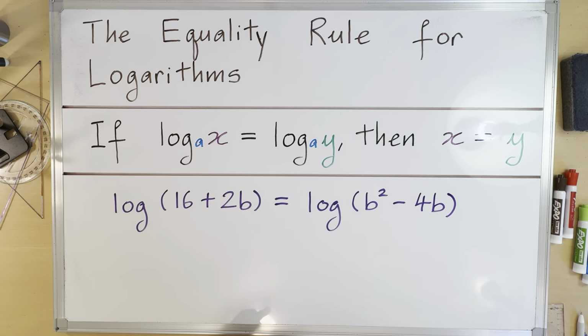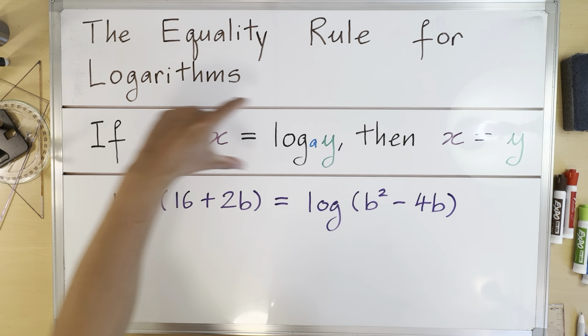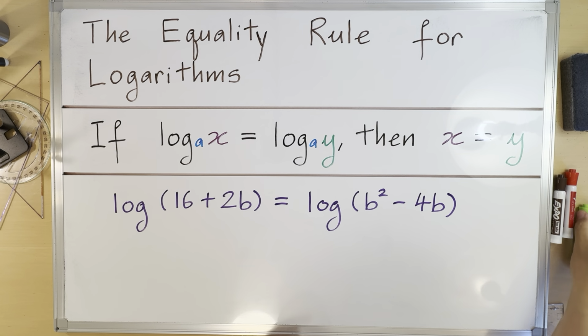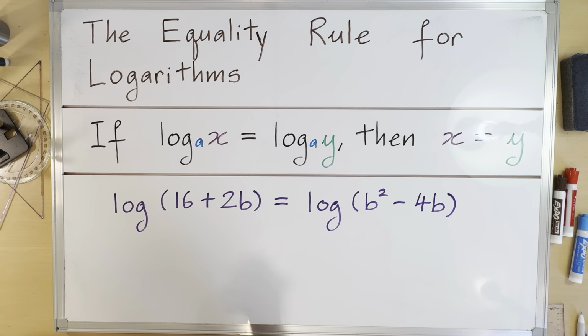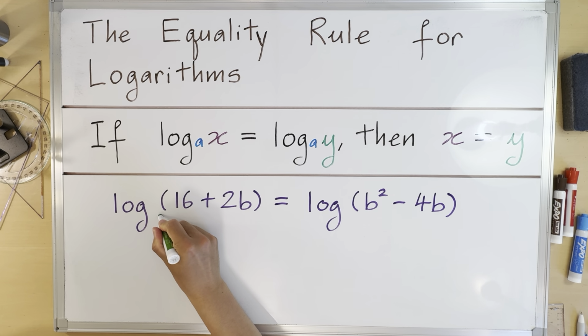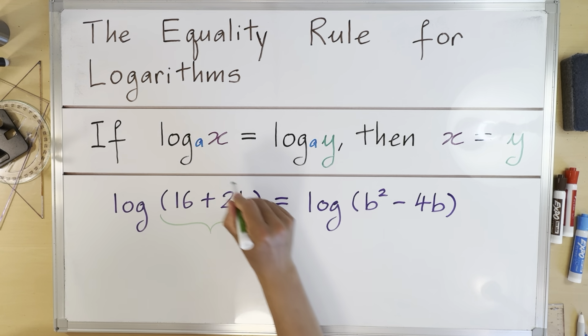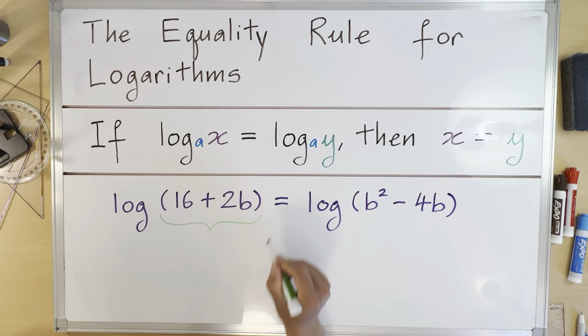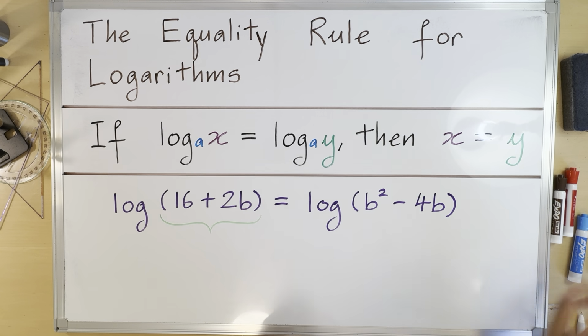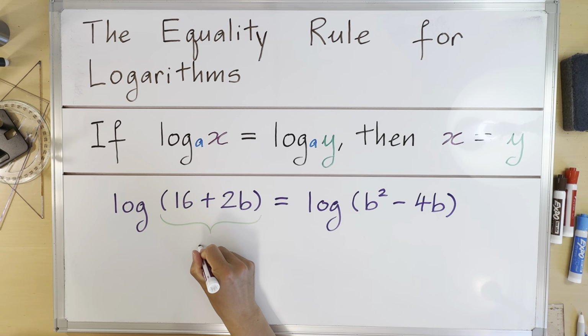Now, according to the equality rule for logarithms, this argument right here of the logarithmic expression to the left side of the equation would be x.